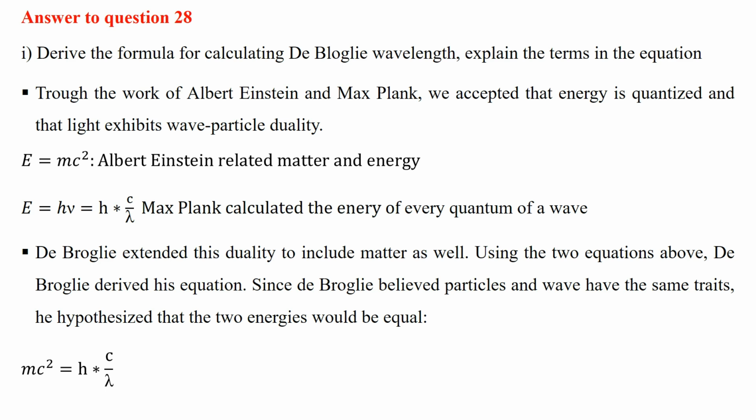He extended this wave-particle duality of matter, and then he used this to derive the de Broglie wavelength. Which means he equated the two equations, mc squared equal to h times c over wavelength. So he equated the Albert Einstein equation with the Max Planck equation.